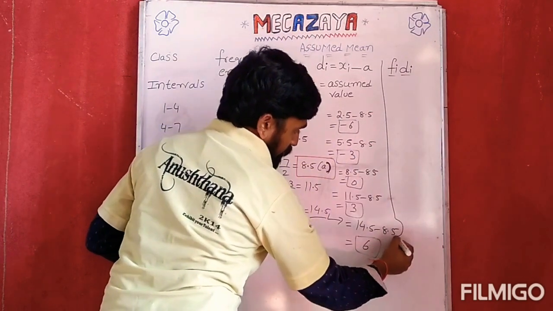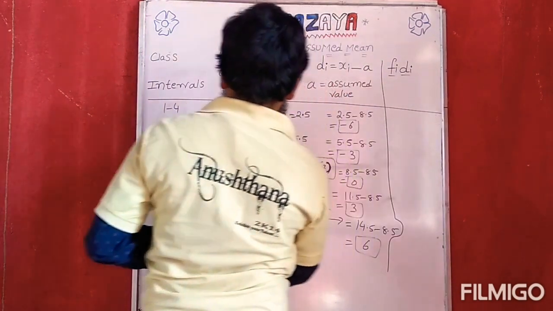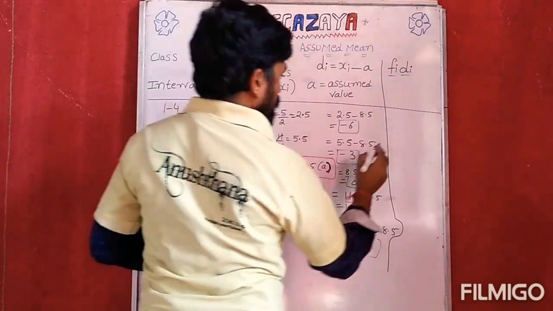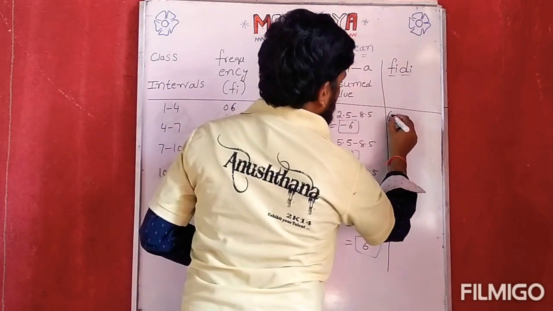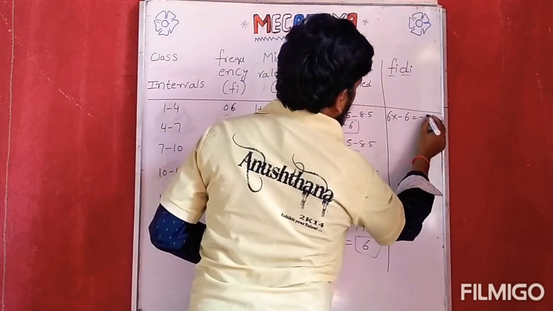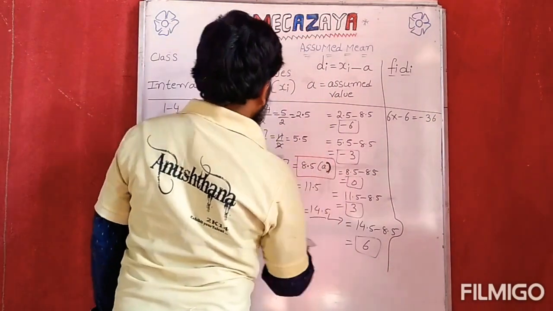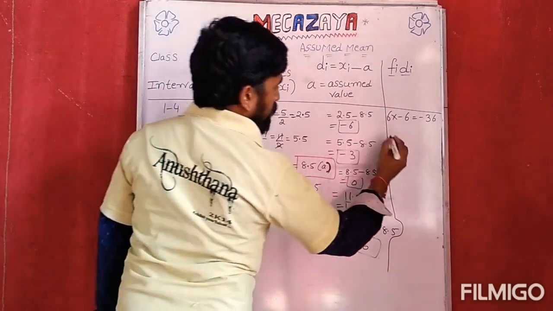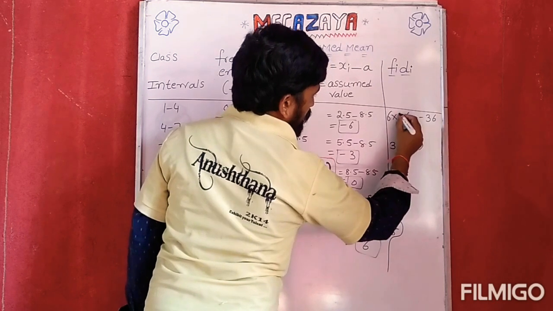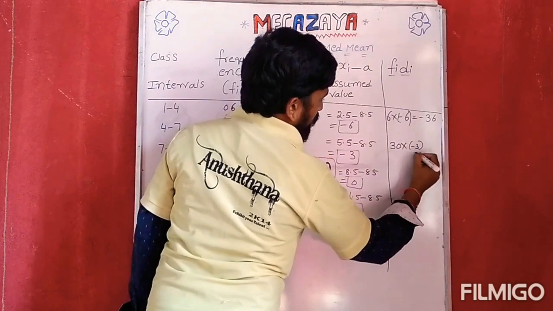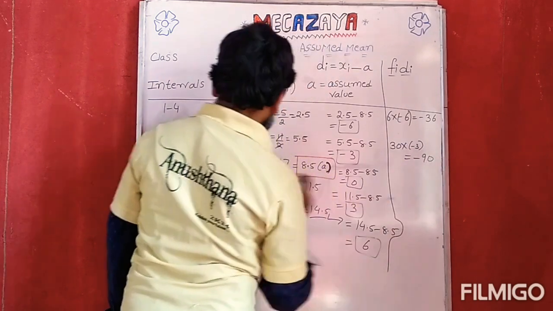I'm just drawing a line here to avoid confusion. 6 into minus 6 will be minus 36. Second one, 30 into minus 3, so you are getting minus 90.